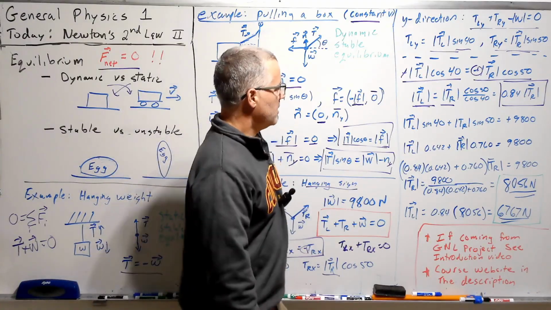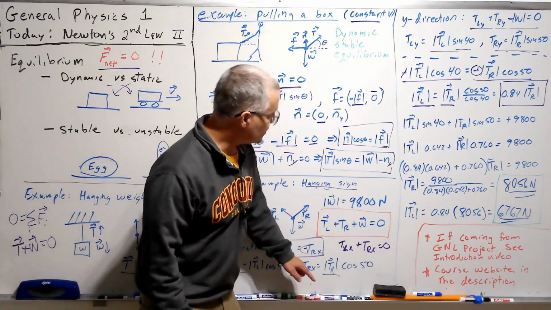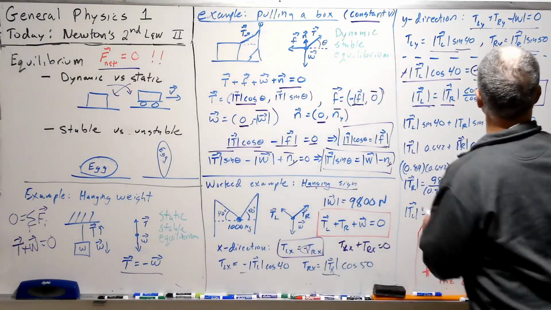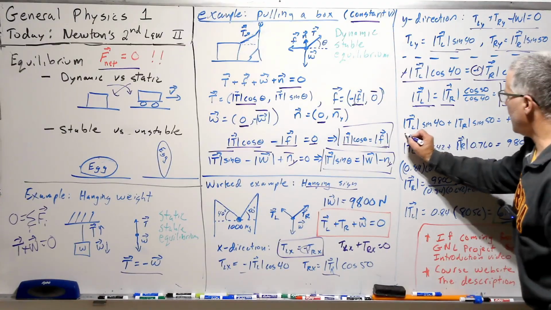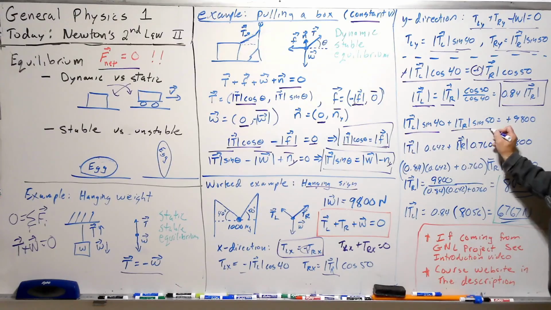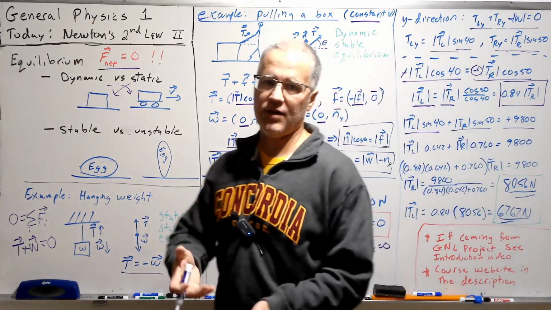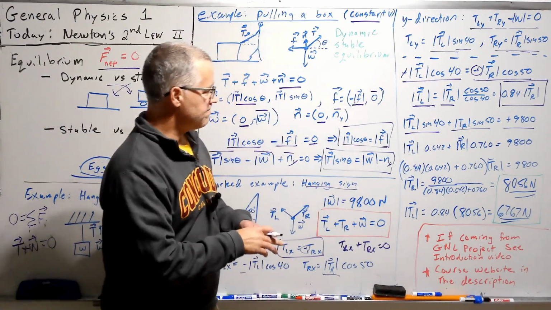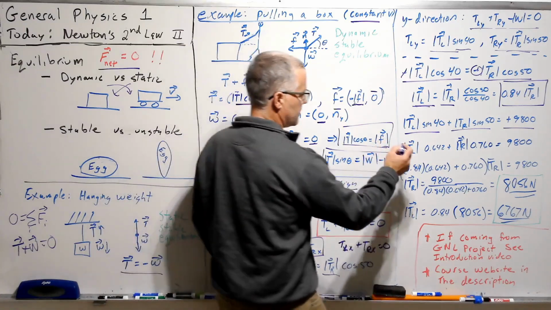Okay. All right, now we have this equation right here, but I'm just going to bring this to the other side. So we're going to have the y component of the left plus the y component of the right equal to the weight, equal but opposite to the weight. Okay? So in the positive direction. So we can see that here.